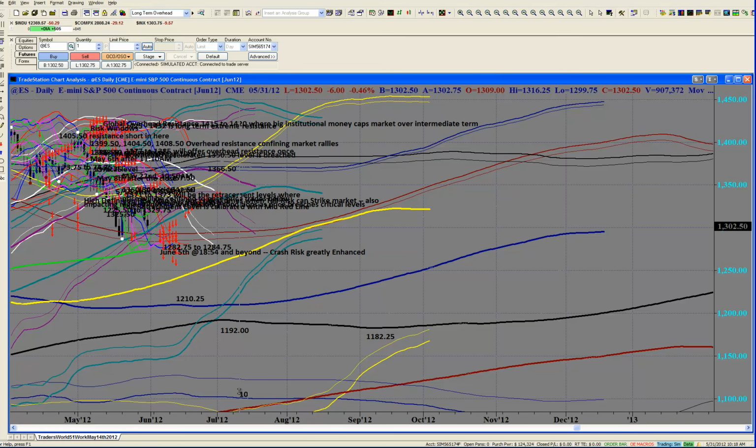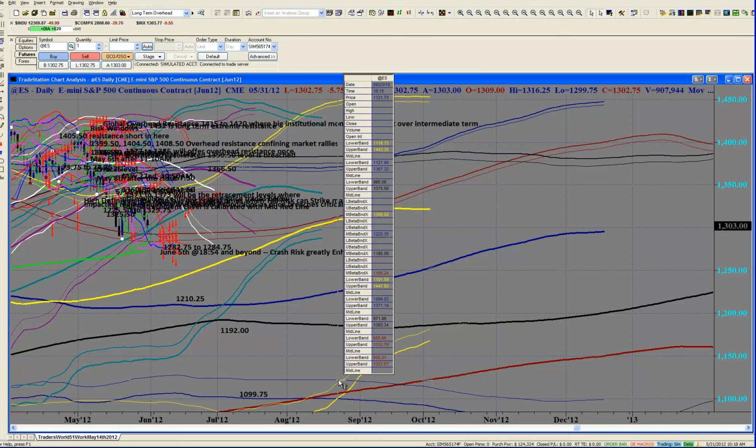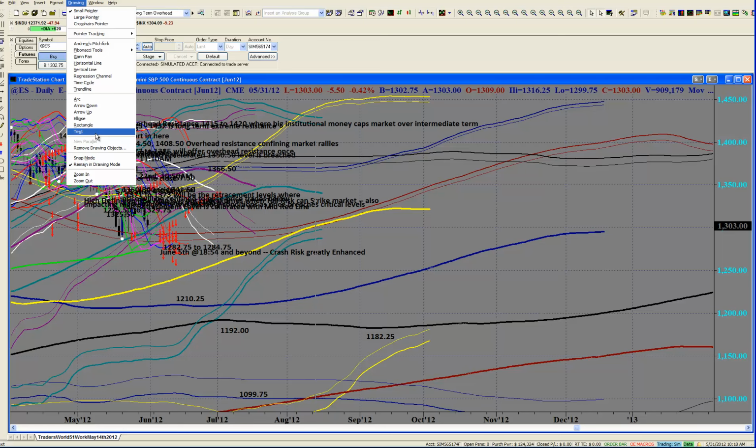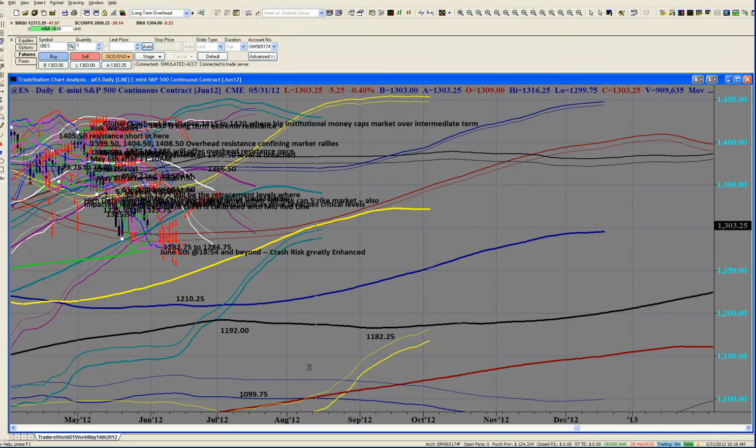So 1099.75, and again the upper area is 1122.25. I'll just mark that on the screen.